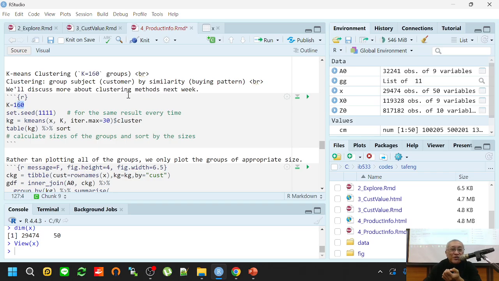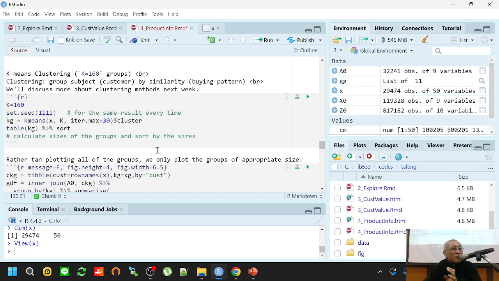I want to group this number of customers into 160 groups by similar buying pattern, right? I will discuss more about clustering methods next week.